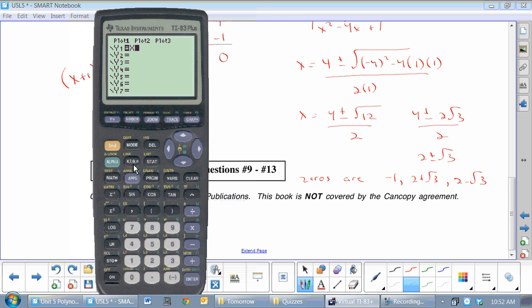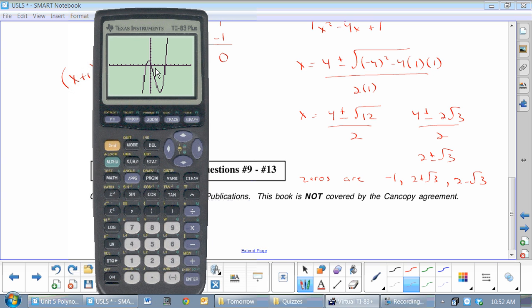So x cubed minus 3x squared minus 3x plus 1. Okay, and let's hit zoom 6. So we're all looking at the same graph. Okay, so these are supposed to be my x's. So this one here, that's my negative 1. I'm good with that one.